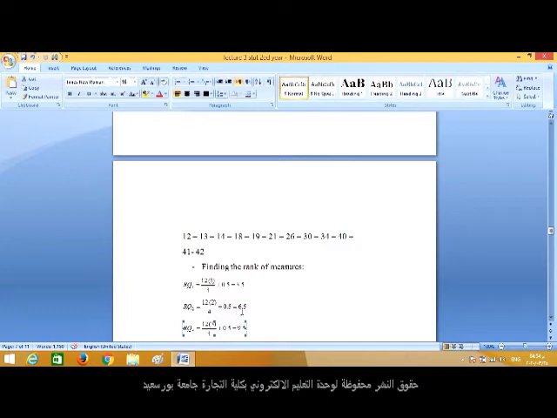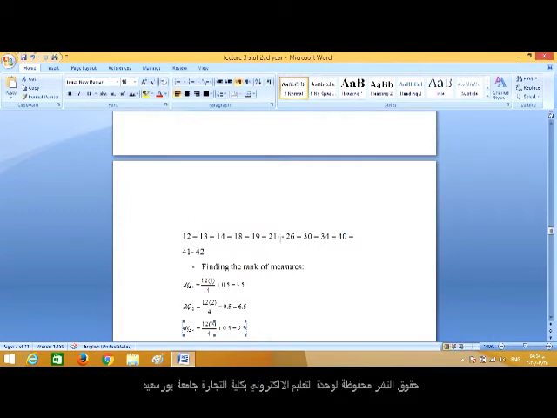So the rank of the second quartile is 6.5. So the value in the middle of the 6th and 7th value in the ranked data set. So 1, 2, 3, 4, 5, 6, 7.